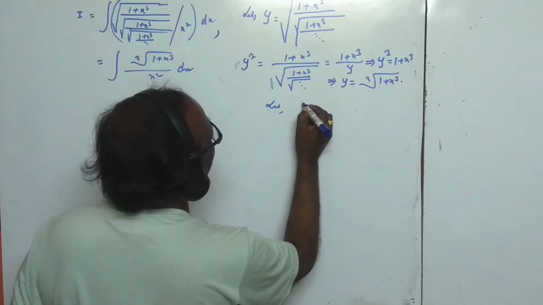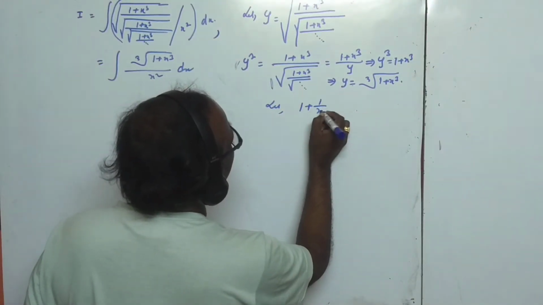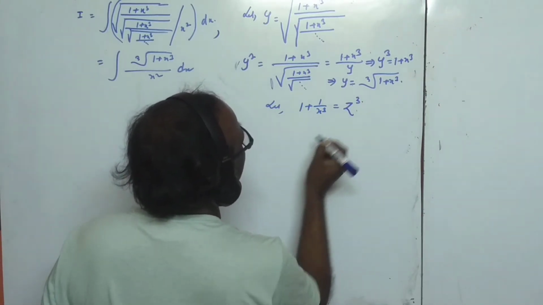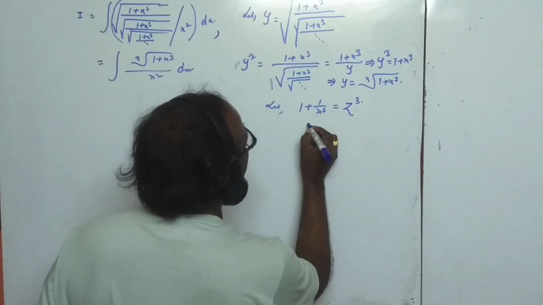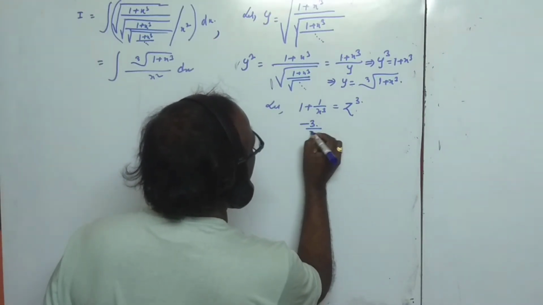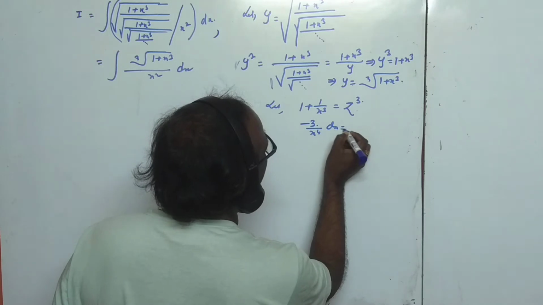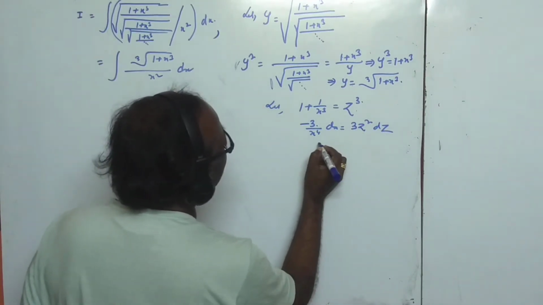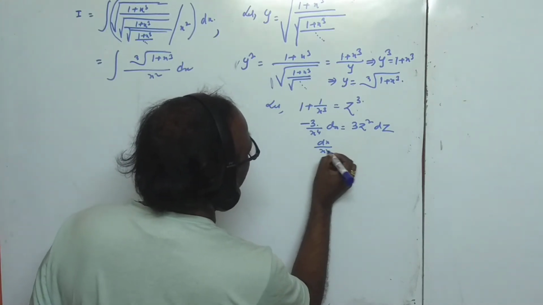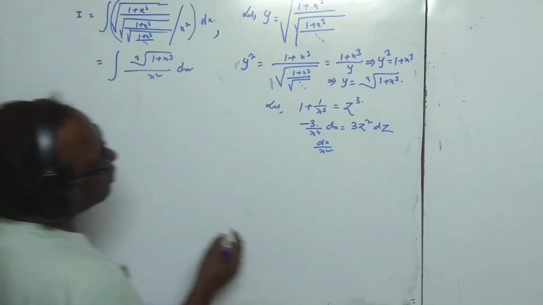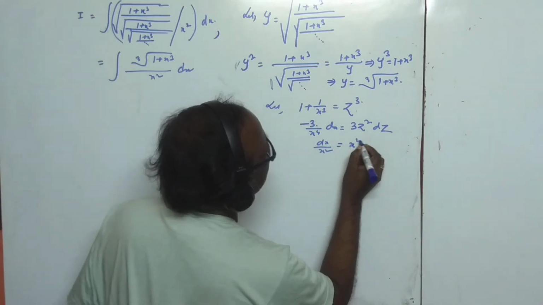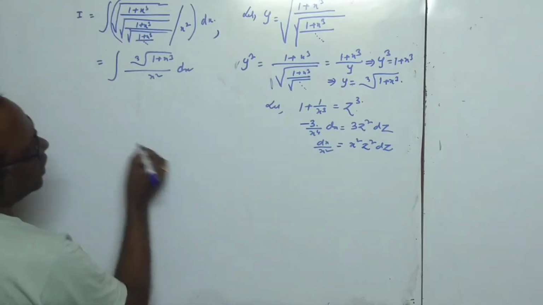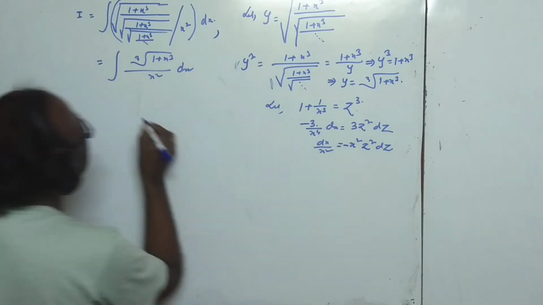Let us assume 1 plus 1 by x cube is equal to z cube. So now see, differentiate: minus 3 by x to the power 4 dx equals 3 z square dz. Now dx by x square here, so that is minus x square z square dz, okay, including minus.